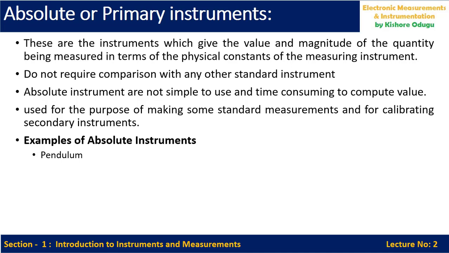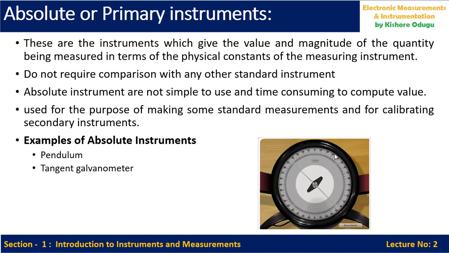Examples of this instrument are the pendulum, which will determine the time, and the tangent galvanometer. You can see this is a simple galvanometer. It is an absolute galvanometer which can be used for low current measurement. It works on the principle of the magnetism of the earth and also the magnetism produced inside the instrument.